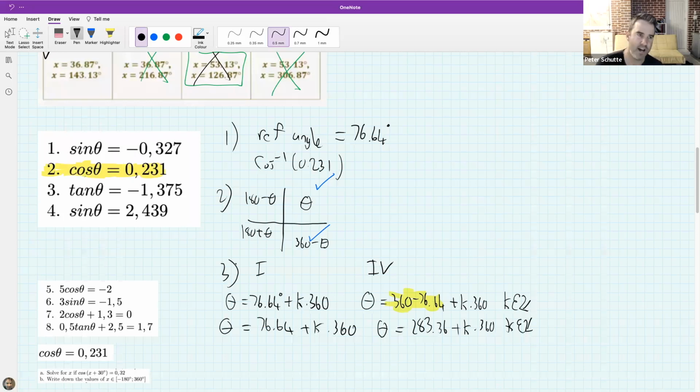I also want you to type into your calculator the cos of 76.64. And I'm really hoping that you get 0.231 or something very close to that. Because if that is the case, then you found solutions.